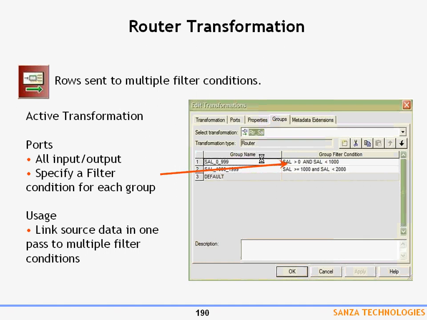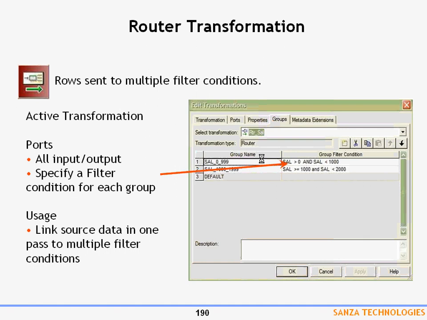The advantage of a router is, if you have multiple filter conditions, you don't need to create multiple filter transformations. In a single router transformation, we can create multiple filter conditions.